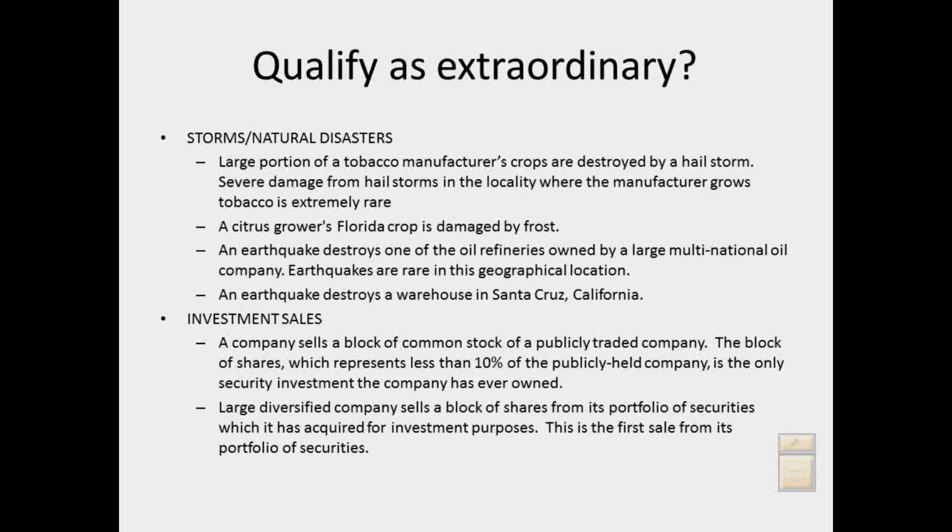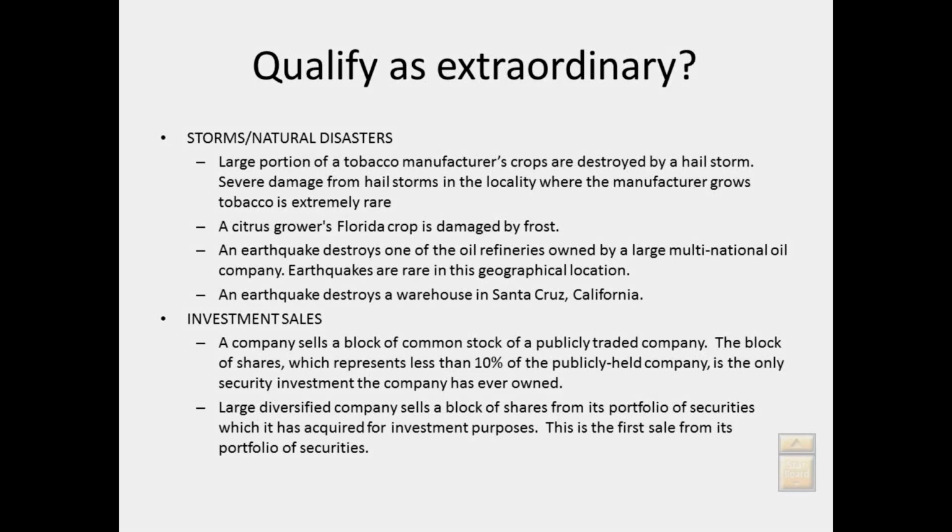But if you have a company that has never owned any other stock, happens to own this one unit, and sells it all off in one year and earns some sort of supernormal profit or loss, they would want to identify that as extraordinary because it was sufficiently unusual and infrequent. They have no plans of having an ownership like that in the future, nor do they have any other existing ownerships in their firm. So it's really firm specific and event specific.